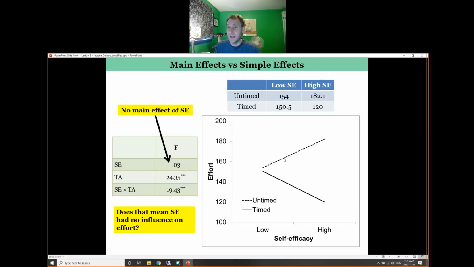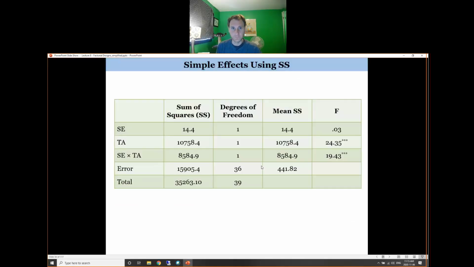So really we need to plot and then probe our interactions. By probe, I mean when you have a significant interaction, kind of similar to before when we had a significant omnibus test, it told us that one of these means was different from one of the others.